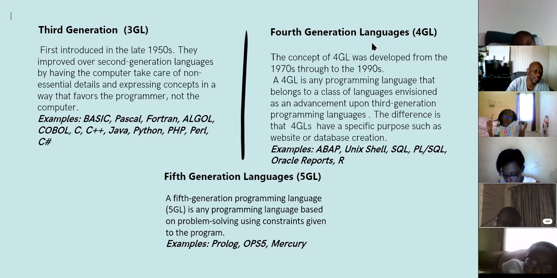C is a compiled language. Assembly language uses an assembler to translate to machine language. C language uses a compiler. C is very close to the machine at the hardware level.